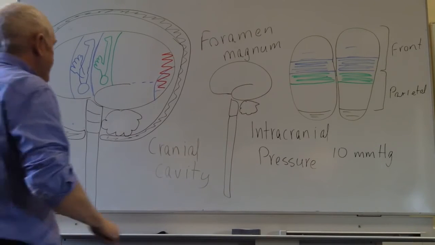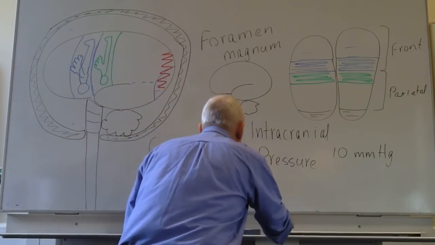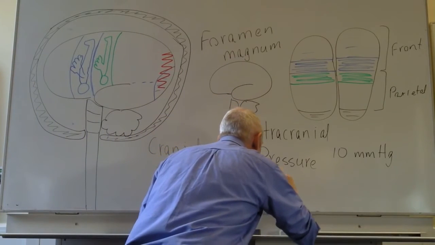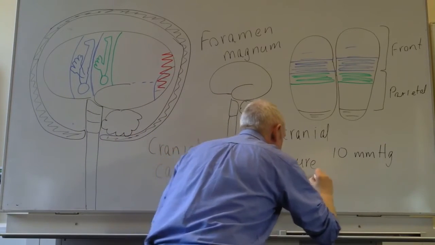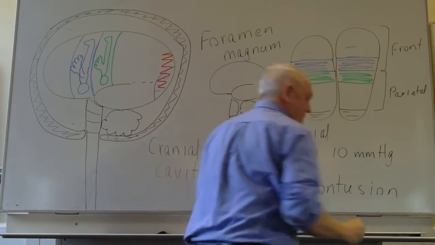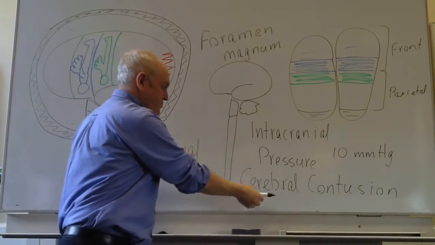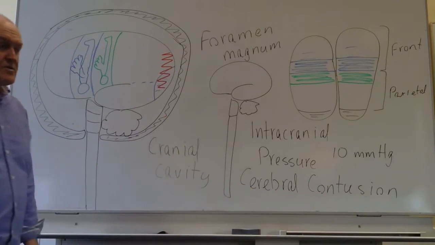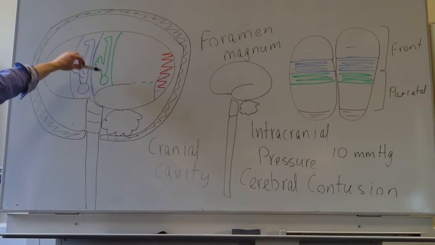We could call that, if you want, a cerebral contusion. Cerebral means to do with the brain, because this top part is the cerebrum, isn't it? And a contusion just means a bruise.